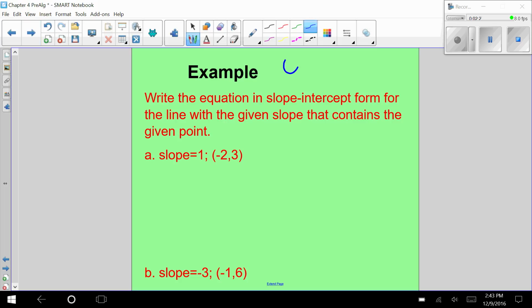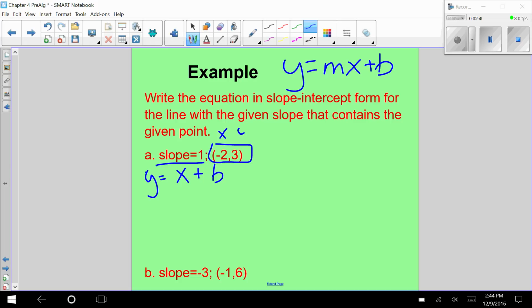So we know that slope-intercept form is y equals mx plus b. So we're going to plug in what we know first. Our slope is 1. So we're going to do y equals 1x plus b. Remember, we don't have to write the 1 because it's implied. Now we're going to take this point and we're going to plug that in for x and y.